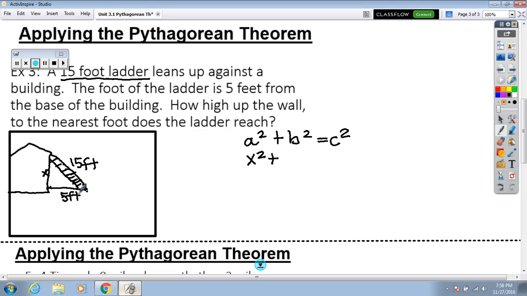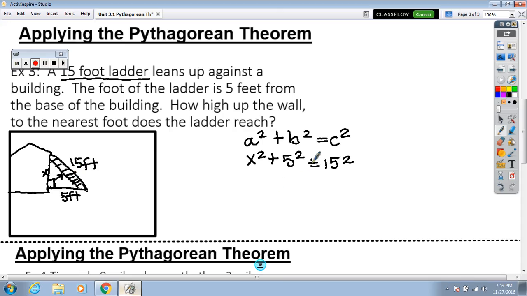B is normally the horizontal piece, which will be 5. So that'll be 5 squared. And C has to be the diagonal piece that is across from the right angle. We can clearly see this would be where the right angle would be. So 15 is across from the right angle. That makes 15 the C. That is the most important step, figuring out where to put the 5 and where to put the 15. And that all comes from your picture.